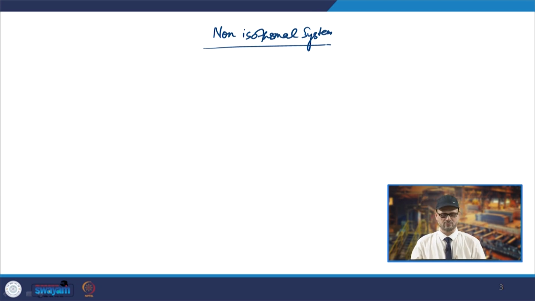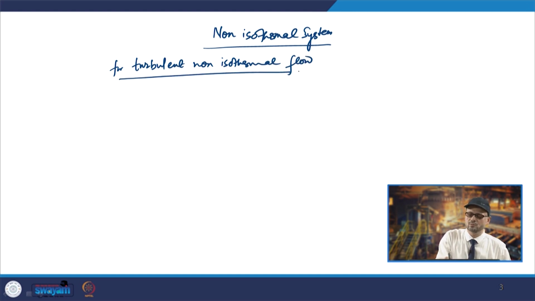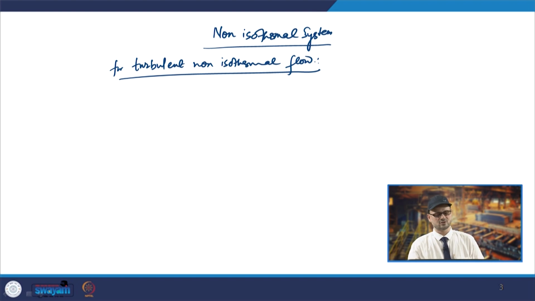momentum balance equation. So, the momentum balance equation for the turbulent non-isothermal flow will go like this.